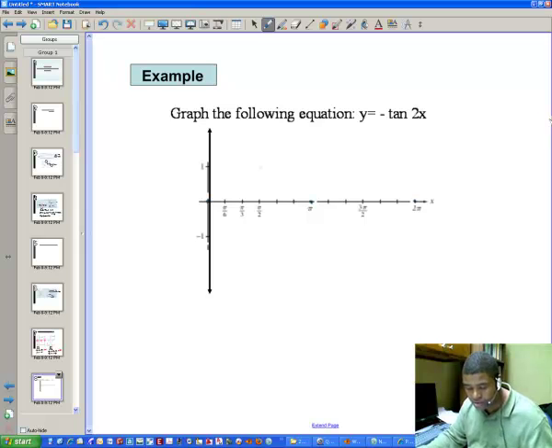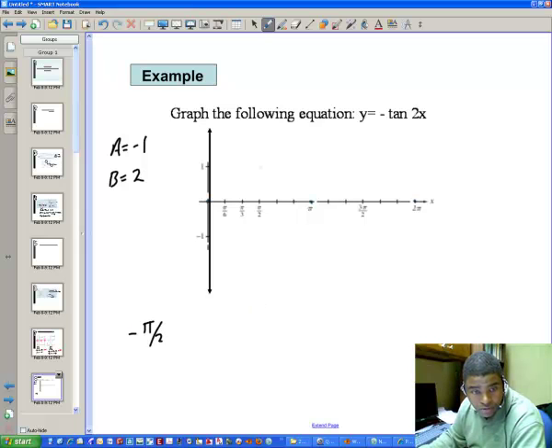Alright, let's look at an example here. We'll take a look at this particular example, and the first thing we want to do is define our A value. So A is equal to -1. Our B value is equal to 2. And now we want to solve, and we'll put it in the formula.